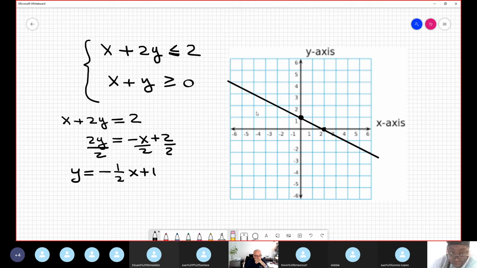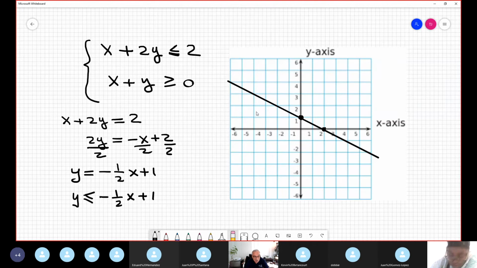Okay, let's do the inequality part now. It's exactly the same. I never multiply by negative 1. It's y less than or equal to negative 1/2 x plus 1. How do you know? Because it's the same manipulation, but you divide by 2, a positive number, so the inequality sign stays the same.